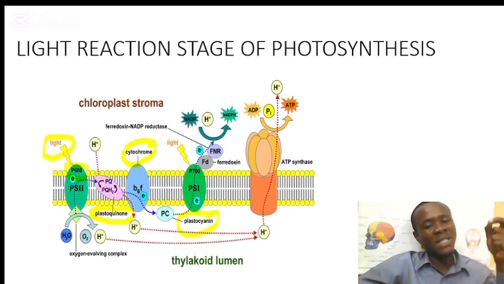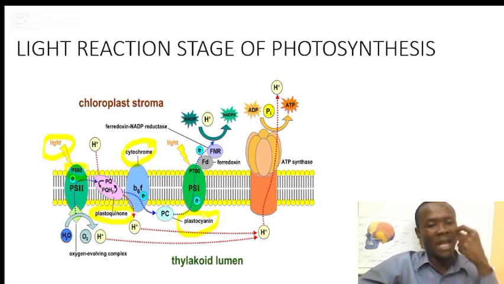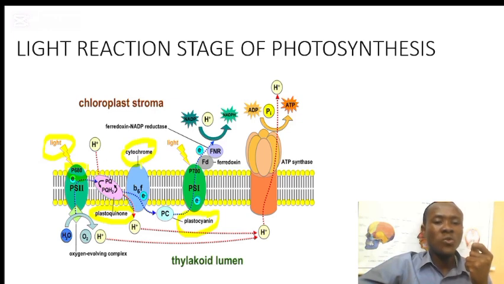As the electron is moving along these electron carriers, which accept the electron and carry it along the chain, the electron may lose energy, and that lost energy will be used to transfer hydrogen ion from the stroma of the chloroplast into the thylakoid of the chloroplast that we have here.